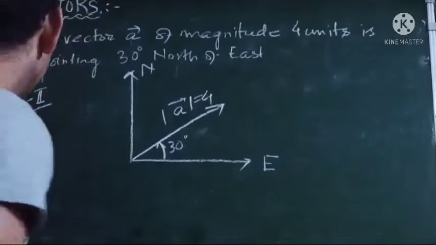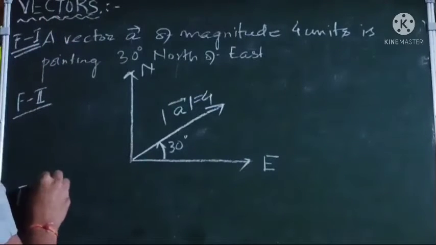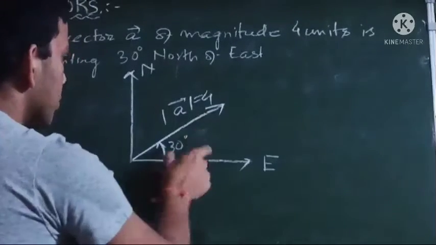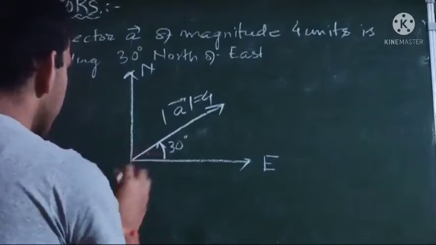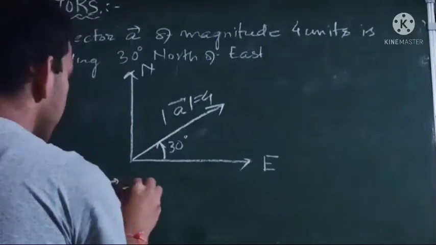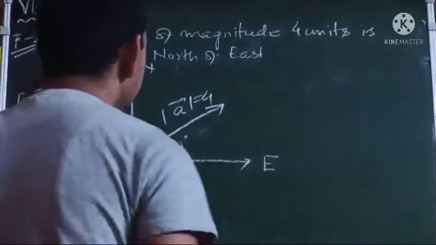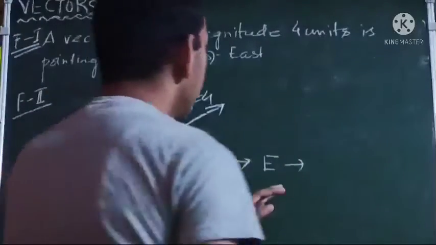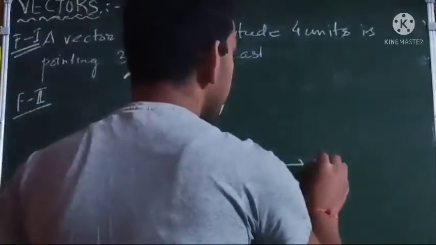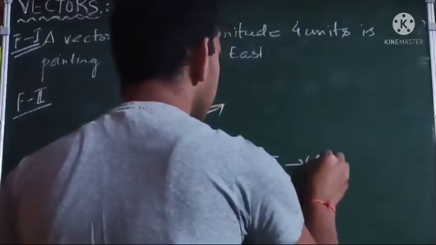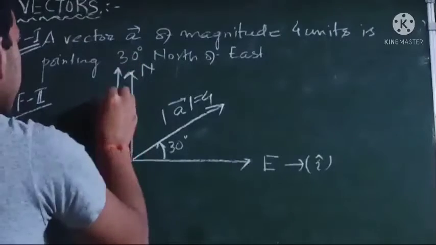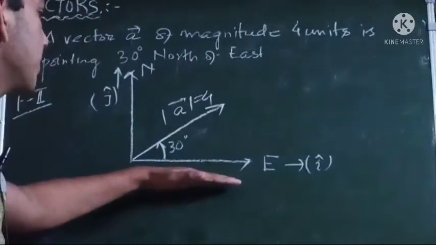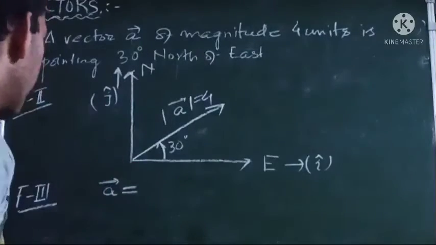This is form number 2, and we can write form number 3 by writing projection, the projection concept. That is, we can write A vector as, suppose this represents the x direction, so let the unit vector in this direction be I cap, and let the unit vector in this direction be j cap. Let us suppose this represents the x direction and this represents the y direction.